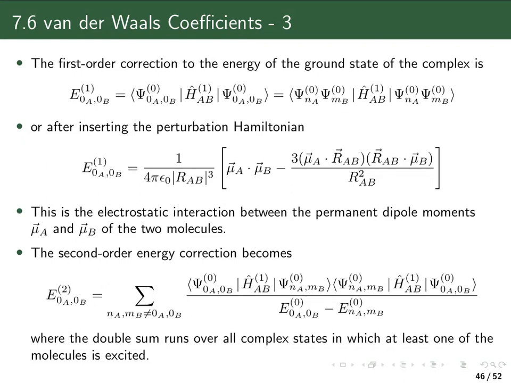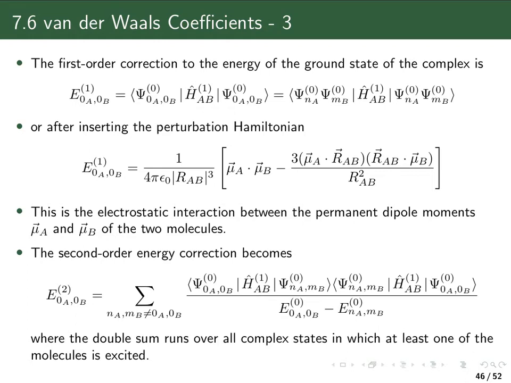So in perturbation theory, we get a first order correction, and the first order correction is like always the expectation value of the first order Hamiltonian with the zeroth order wave function, which means it's just the product of the two unperturbed wave functions and our first order Hamiltonian. Now the first order Hamiltonian, remember from the page before, is scalar products of the dipole moment operators for the two molecules.